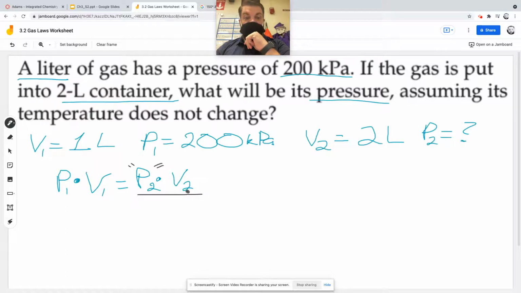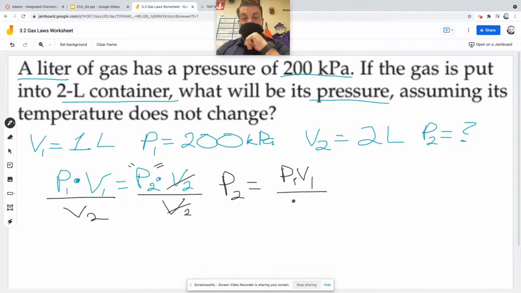So then I'm just going to divide by V sub 2 on both sides. These cancel. And I get P sub 2 is equal to P sub 1 times V sub 1 all over V sub 2.